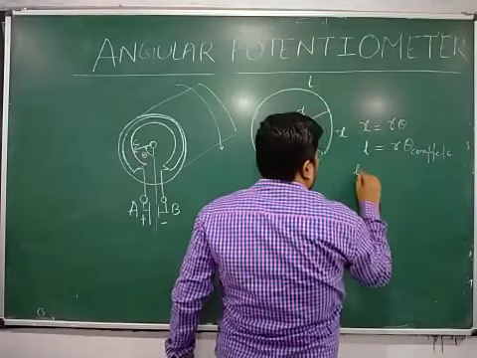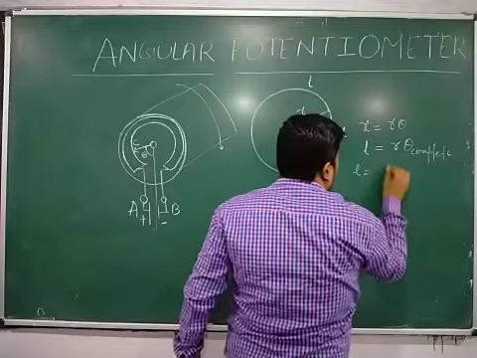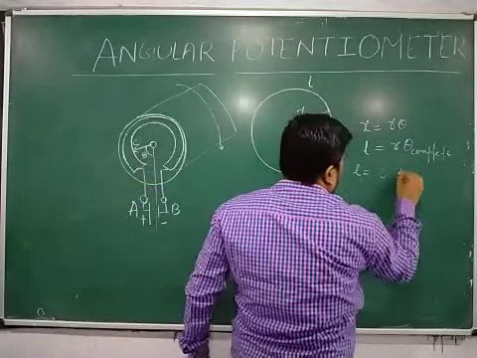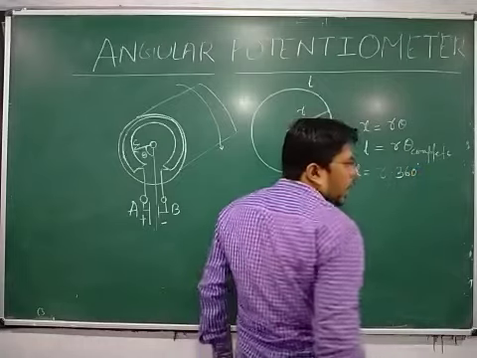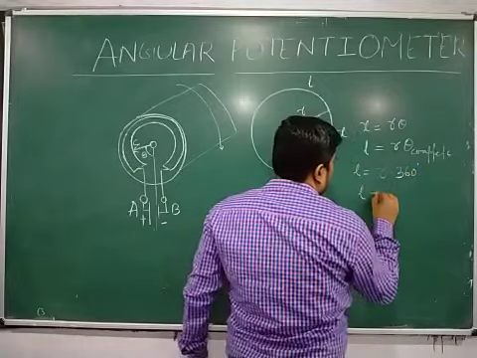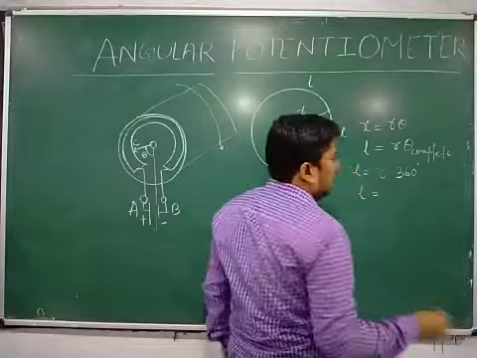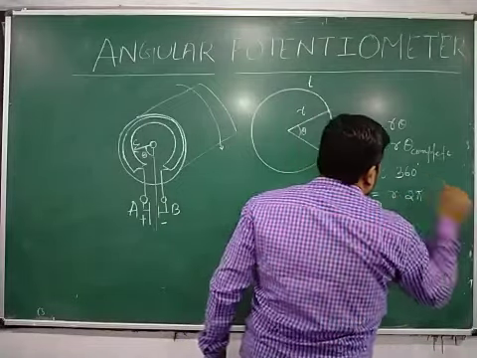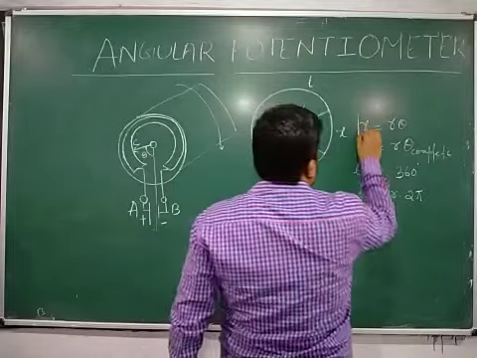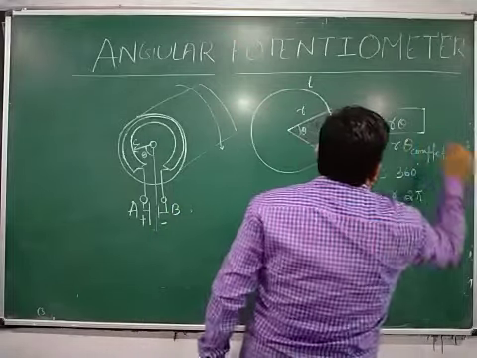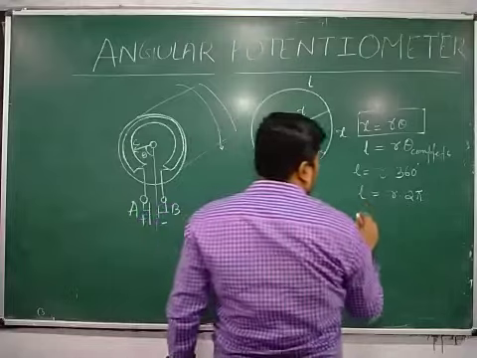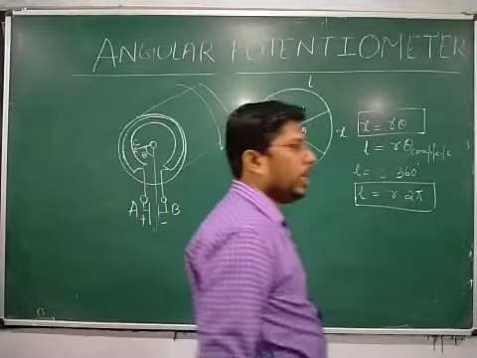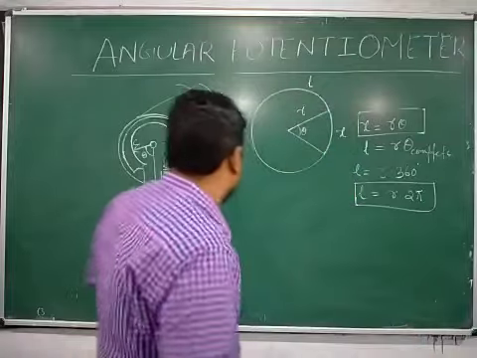I can write L equal to r into 360 degrees, and 360 degrees is 2 pi. So L will be r into 2 pi. So I get the value of x as r into theta, and the value of L as r into 2 pi.